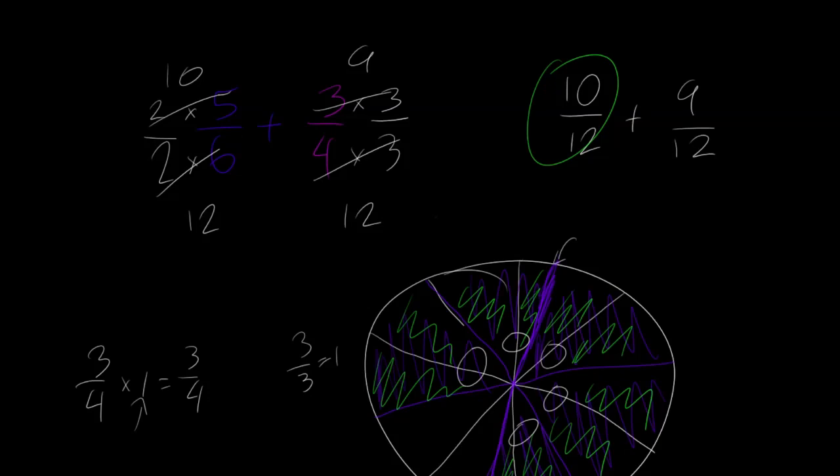So now let's get adding. If we add 10 sections plus 9 sections, this would be equal to 10 plus 9 is 19. 19 sections over 12 possible areas.